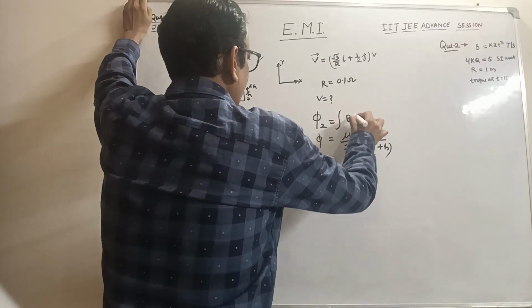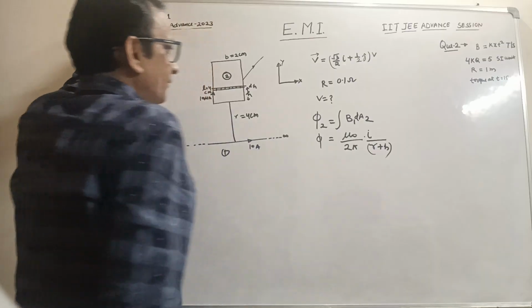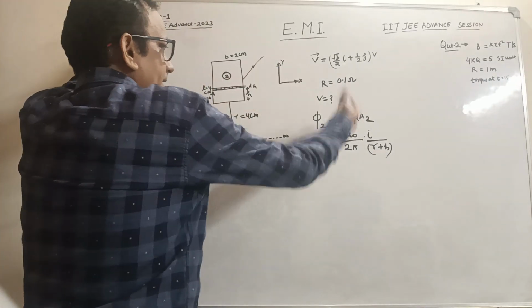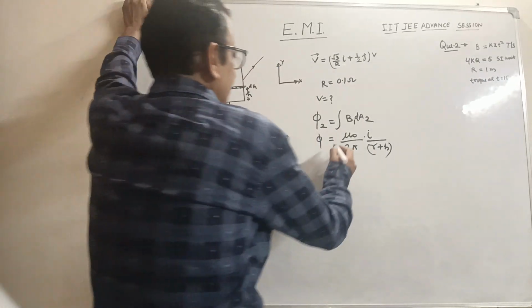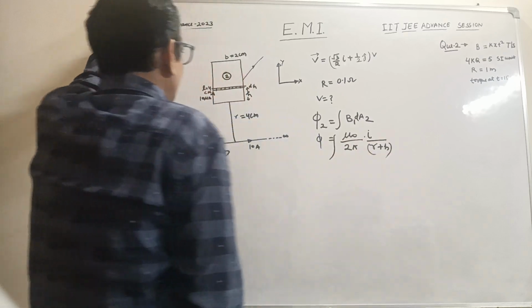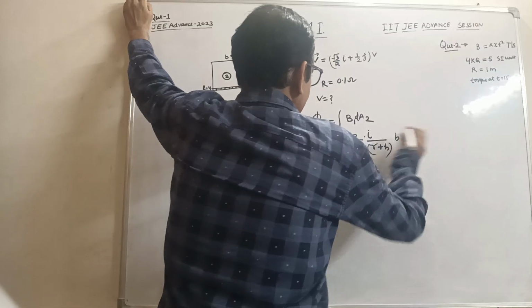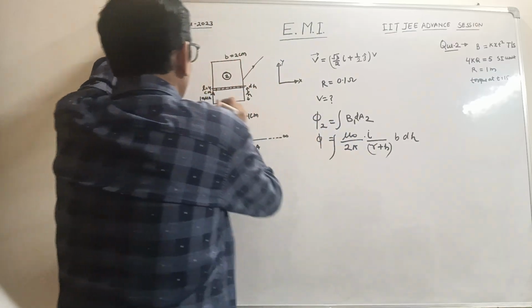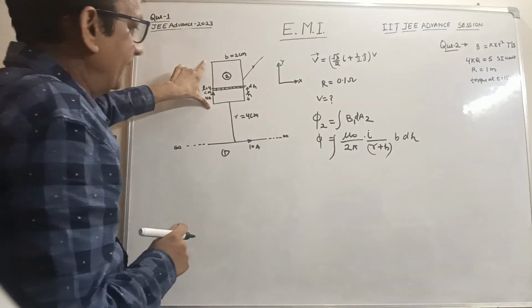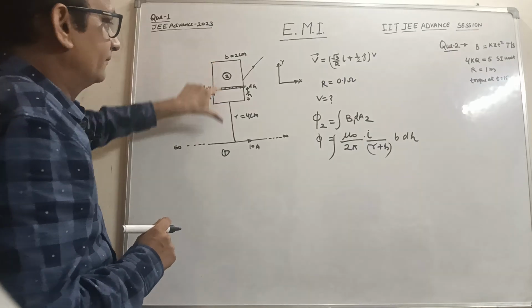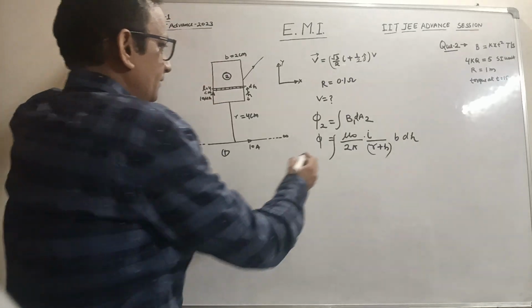So the flux is the integral of B1 dA2, and the area element would be B into dH. The limit would be 0 to L, since for this whole length L we have to find the flux.